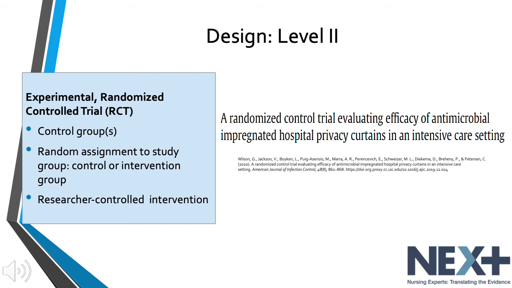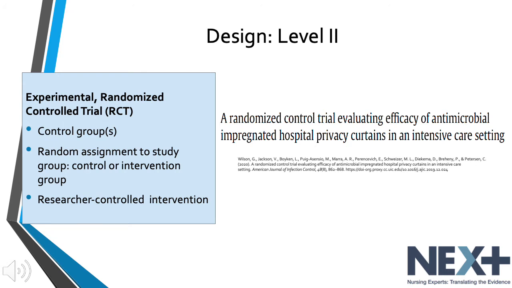By having a control group, the researcher can examine if the change in the outcome is related to the intervention or alternative explanations. Whether the researcher has control over the intervention affects internal validity. When a researcher has greater control over the intervention, the fidelity of the intervention should be higher.